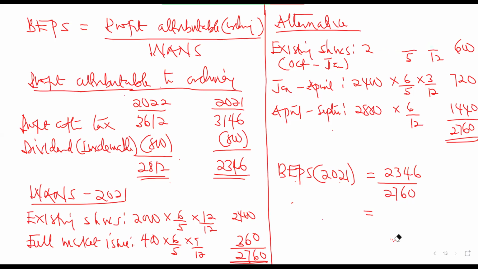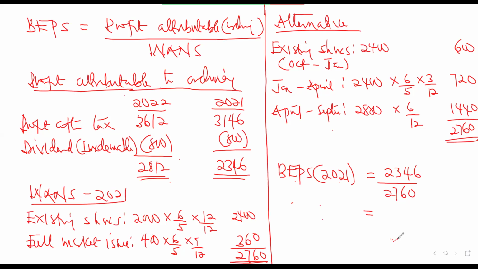Let me also bring this one down for you and see whether you can get this one. You know that existing shares will be 2,400, including the bonus issue, isn't it? October to January, including the bonus issue, will be 2,400. The bonus issue will be 400 on the existing one, isn't it?